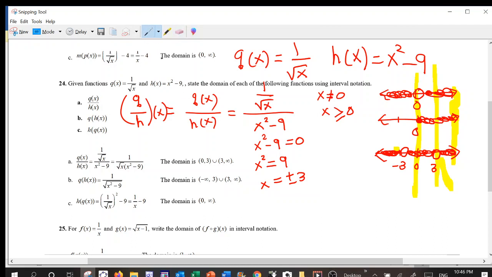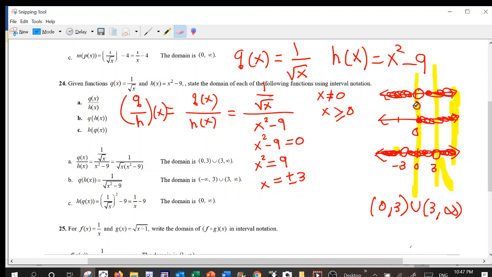That makes sense? So that means 3 is no good, but anything to the right of it is good. Then union, this part right here is all the numbers between 0 and 3. 3 we know is not there, but 0 cannot be there either because it's not here.